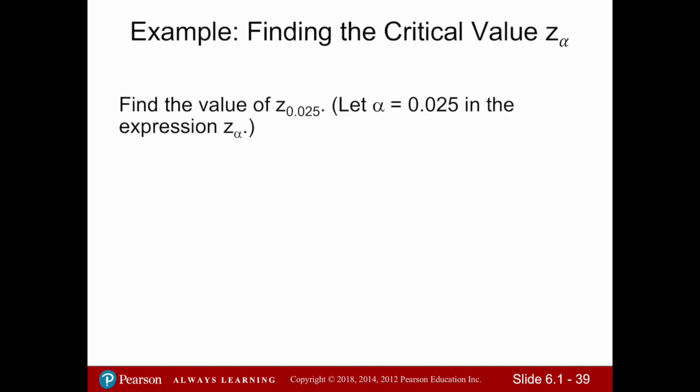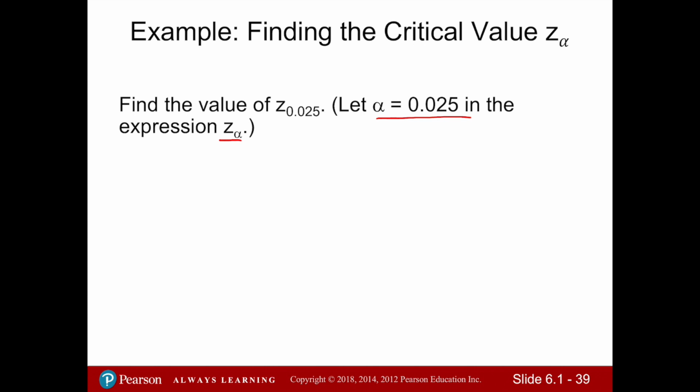So for example, let's find the value of z sub 0.025. What this tells us is I want my alpha, in the expression of z sub alpha, to be 0.025.